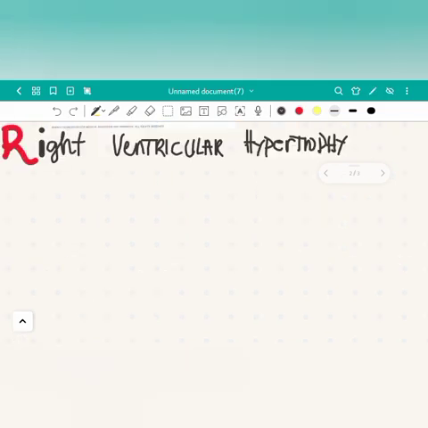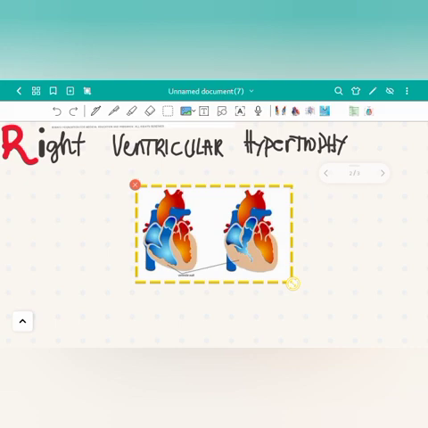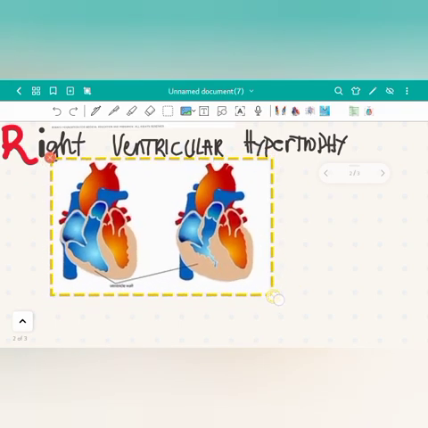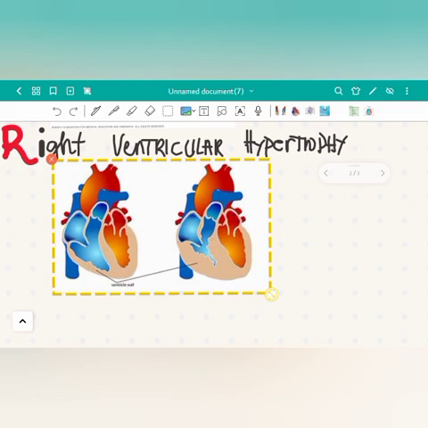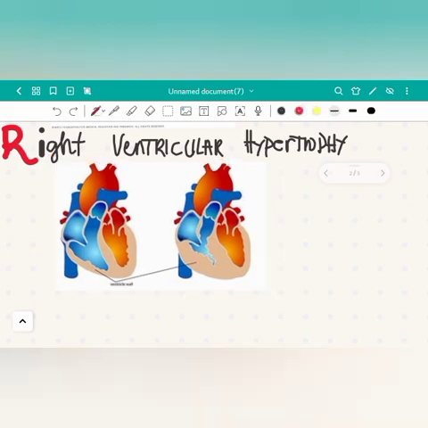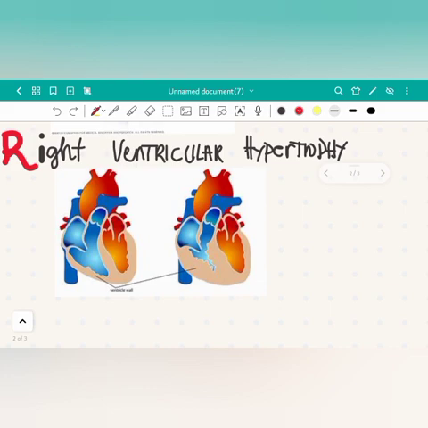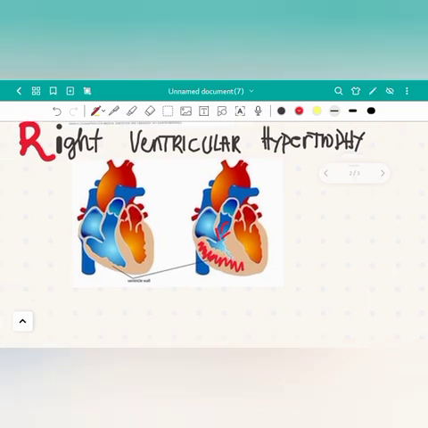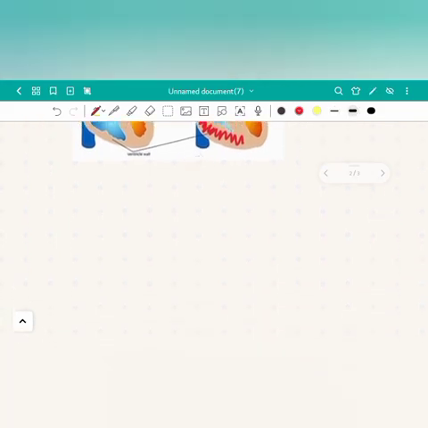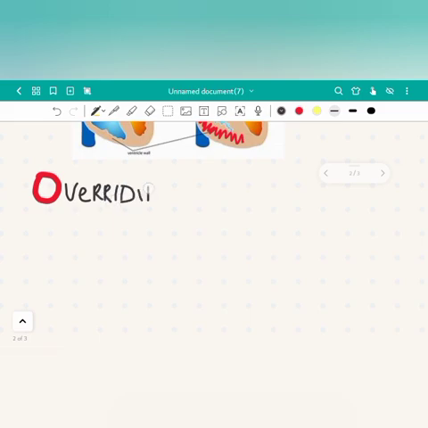Here, because of the pooling of blood in the right ventricle, since the opening toward the pulmonic valve is small, there is thickening of the muscles of the right ventricle. That is why it thickens. So, blood can also back flow to the right atrium.